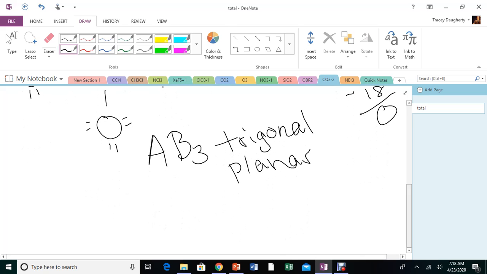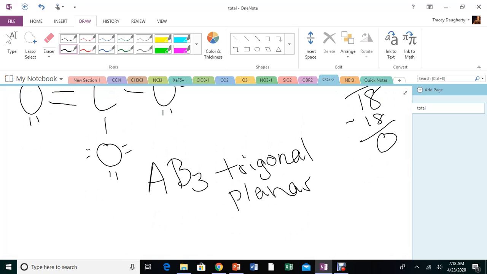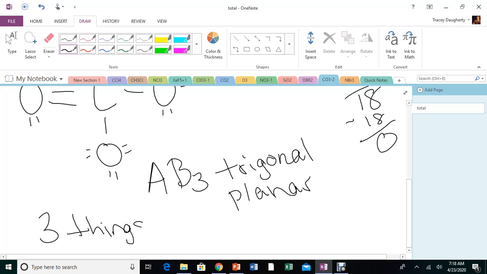So another one where we have the C and then 3 O's, so this is 3 things. So that is sp2. And then last one.